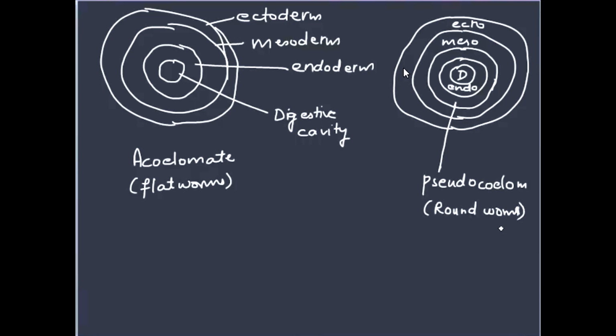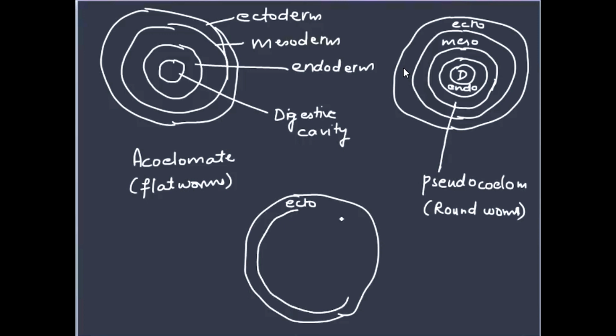And for a true coelom, you'll have a structure something like this. So you'll have an outside ectoderm. Then on the inside, you'll have a mesoderm. Then you have an endoderm. This is meso, endo, and this is the digestive.